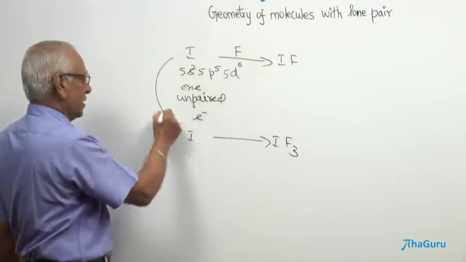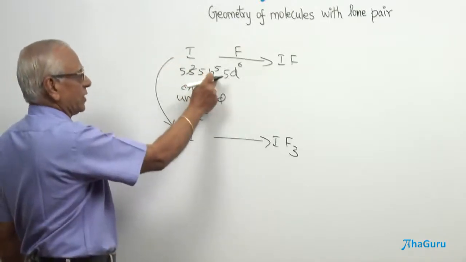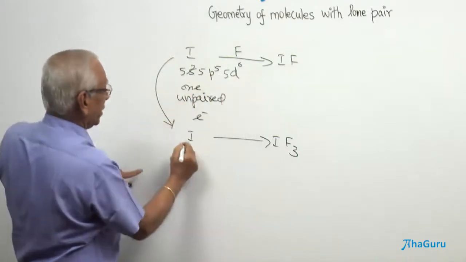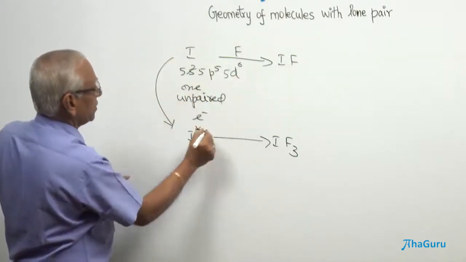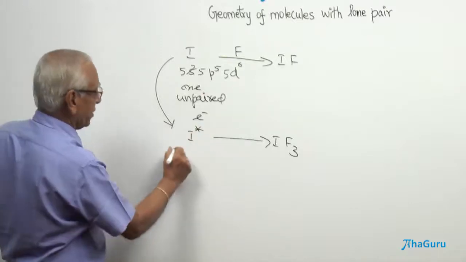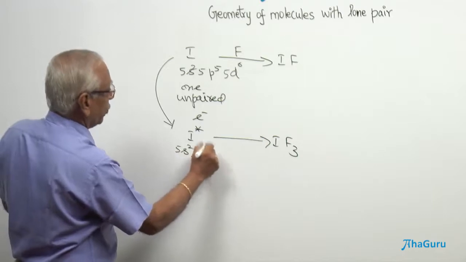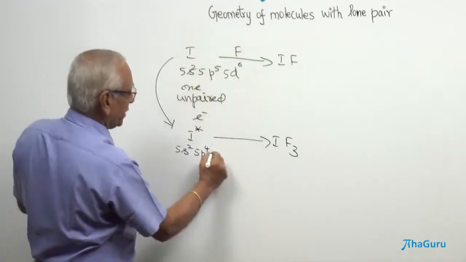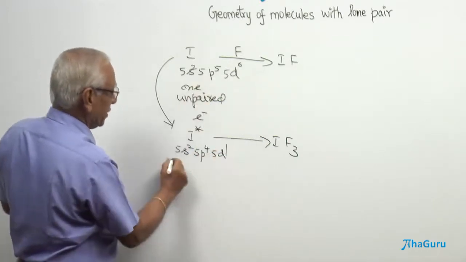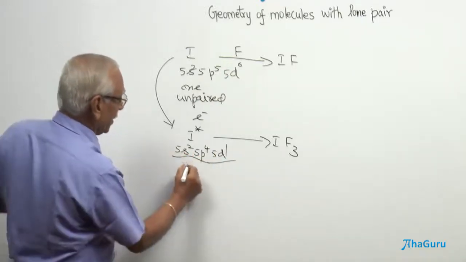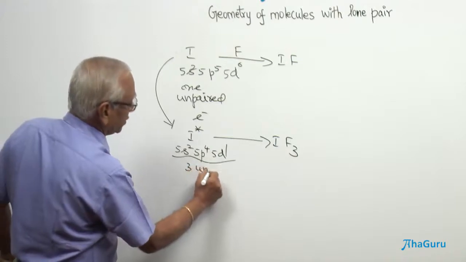Therefore, I have to excite one of the electrons. One of the electrons should be uncoupled and promoted to the vacant orbital. That gives you the first excited state configuration. So, what should be the structure? 5s2, 5p4, because one of the electrons is promoted over there, 5d1. So totally how many unpaired electrons? There are 2 unpaired electrons plus 1 unpaired electron, and 3 unpaired electrons are there.